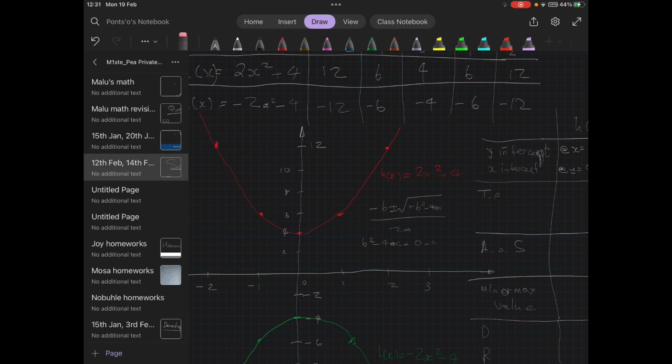So that stuff from grade 11, yeah, the nature of roots, where we check in our quadratic formula, where b squared minus 4ac. Is b squared minus 4ac positive? Is it negative? Does it equal 0? So we want to check that specific part of the quadratic formula, because that's what tells us the nature of roots of the quadratic expression.